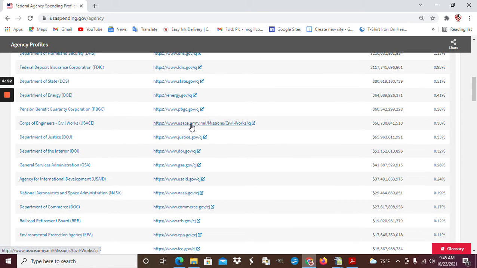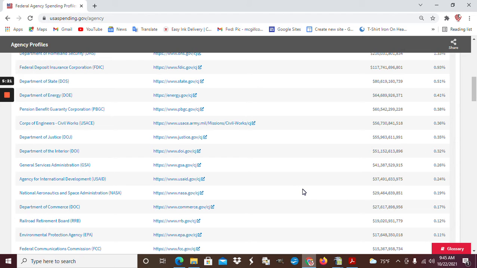When it comes to repairing roads, bridges, any construction, civil works, they spend more than any of them. If you're in the construction field, GSA, which is General Services Administration, they spend a pretty good bit. They had 0.26%, but it's $41 billion they have to spend.